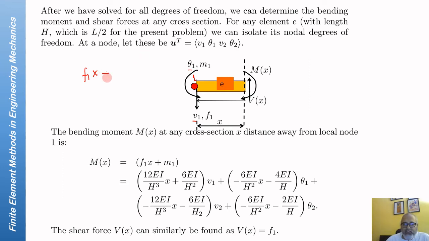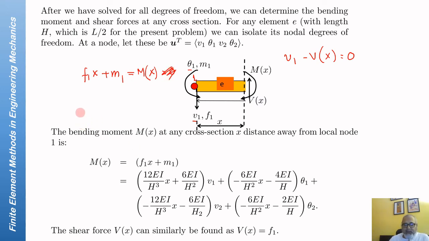M1 is also a positive moment, and then M at x is a negative moment. So this has to be equal to 0. And similarly, V1 minus Vx also has to be 0 from force balance in the vertical direction. So now I have F1x plus M1 is equal to Mx. So this is my equation for Mx.